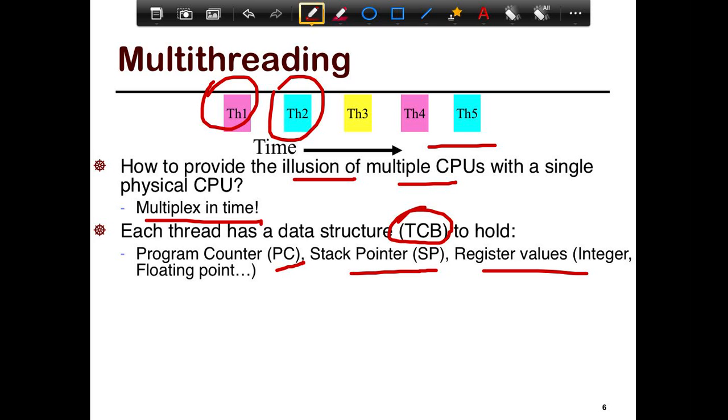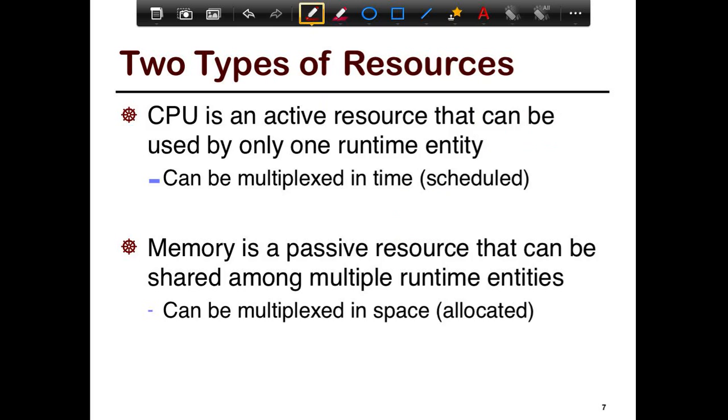So for example, if you stop thread 1 at this point, and then you want to bring it back in after thread 5 over here, so let's say I want to run T1 here. If I want to run T1 here, then I need to be able to restart it from where I left off. How do I know where I left off? So the PC, stack pointer, and the register values essentially specify where you left off the thread. So you continue from where you stopped. You don't want to redo all the work. Okay, we'll get to what the stack is and all of that in a second.